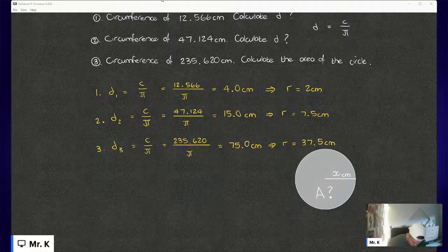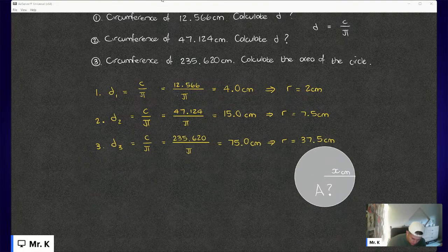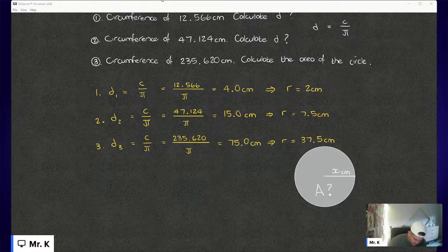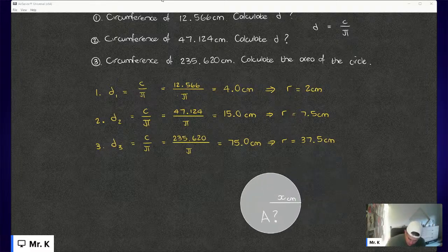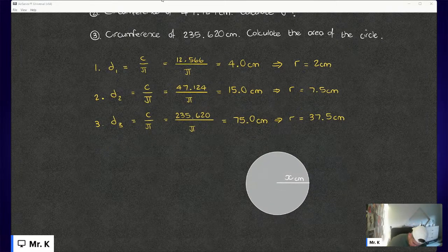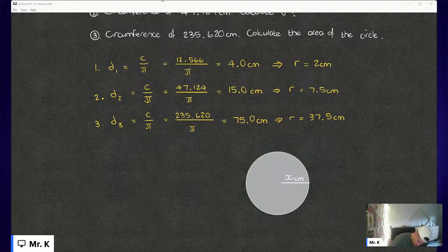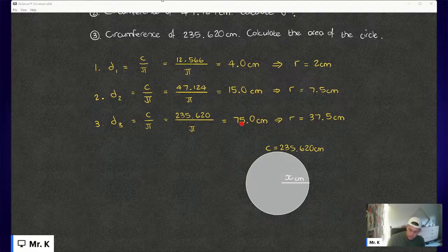Now, if we pay attention to the diagram that I drew over here at the bottom of the screen, we know that the circumference of this circle is 235.620 centimeters. Because of that, we were able to find the diameter as 75 centimeters, and we know that half of the diameter is equal to the radius.